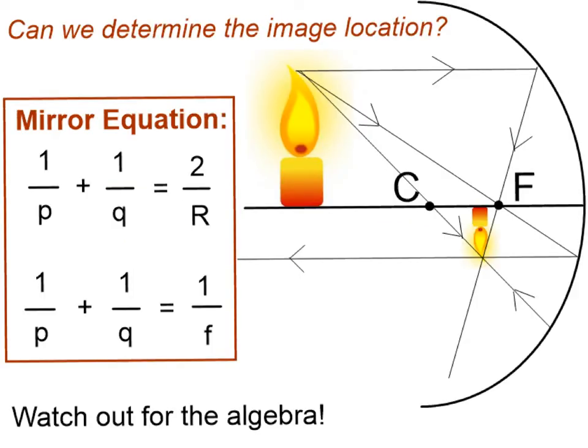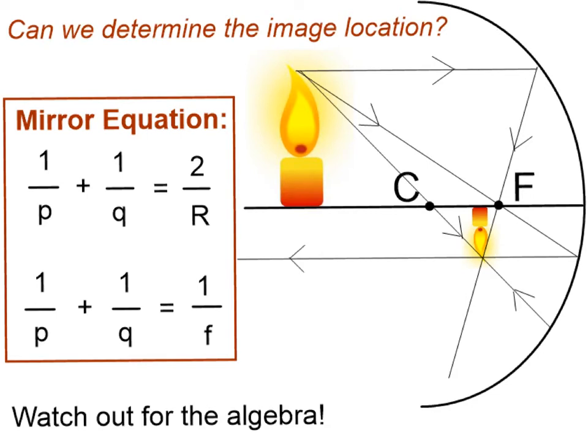So we've been able to determine the magnification of our image. Can we determine the location of that image? Yes, we have this really nice little mirror equation. And the mirror equation can be written like this: 1 over p plus 1 over q equals 2 over r.